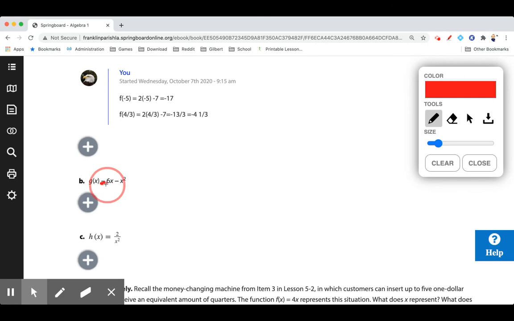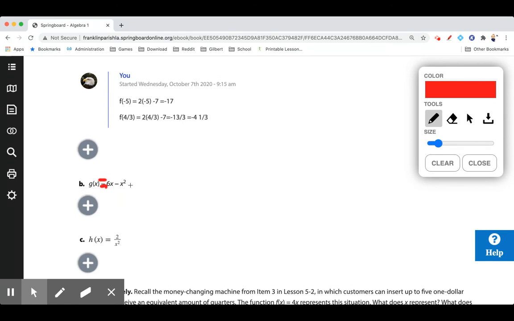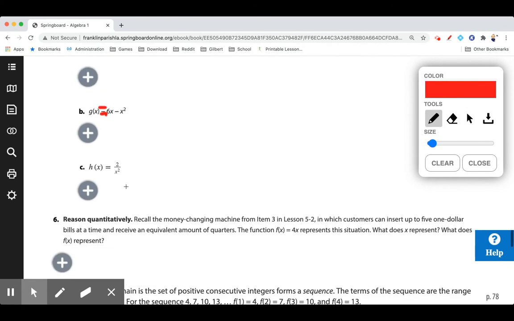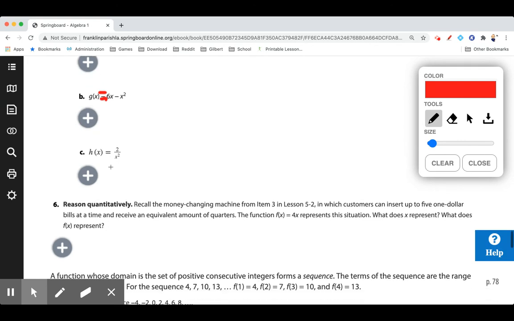Okay, it's not g of x minus, it's equals. g of x equals 6x minus x squared. And so you'd replace x with negative 5 and work it out. You would replace x with 4/3 and work it out. h of x, same thing. Replace x with negative 5 and work it out. You replace x with 4/3 and work it out.